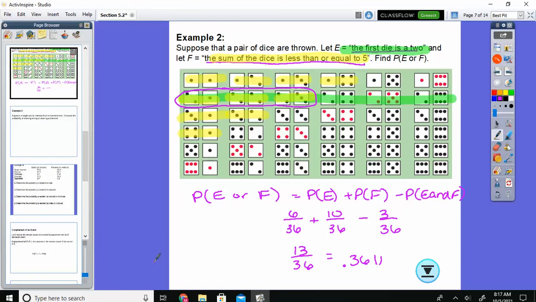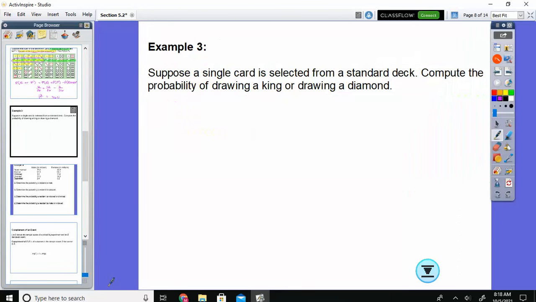Let's say I want to draw a card out of my deck of cards. I want the probability of drawing a king or drawing a diamond.